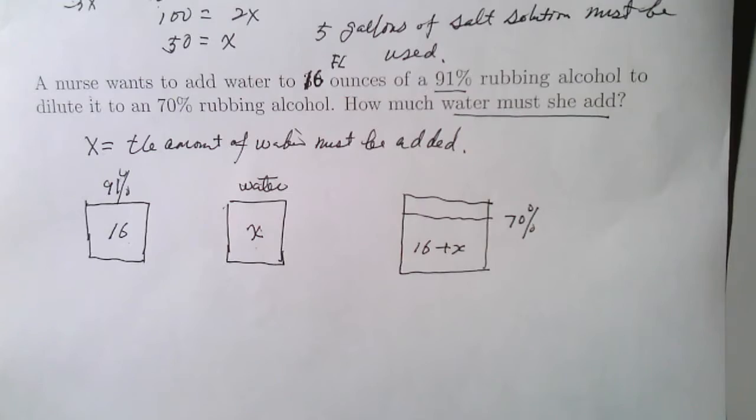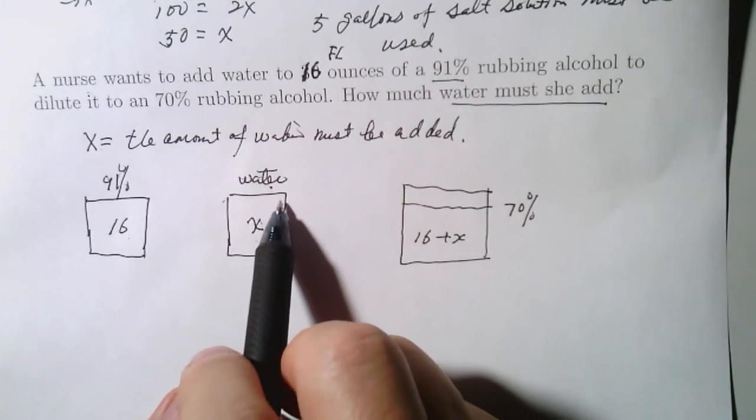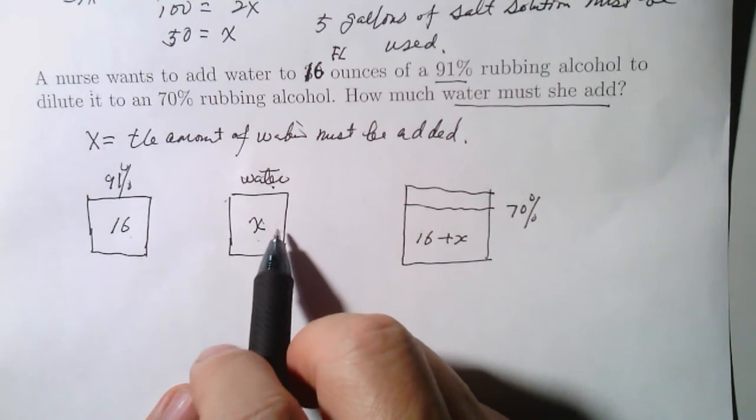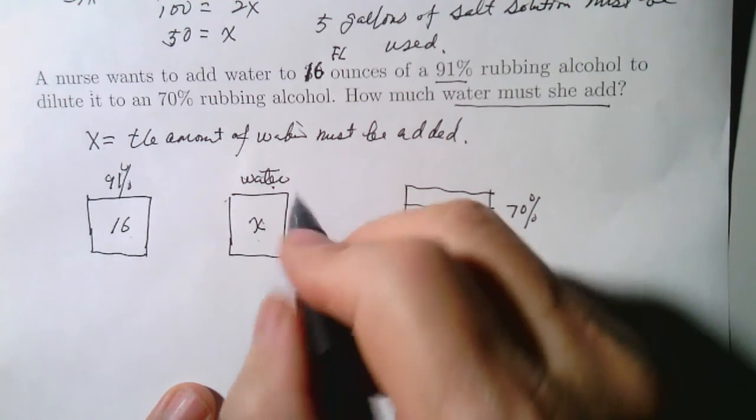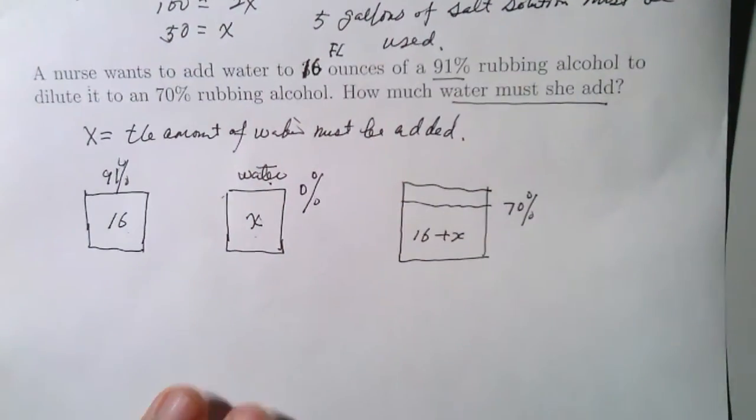Water has no rubbing alcohol in it, so its concentration is 0% in this case.